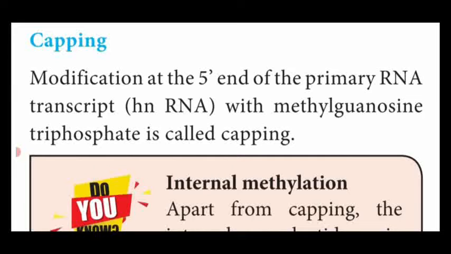That means the 5' region showing some modification in the primary RNA transcript or heterogeneous nuclear RNA, with the help of methylguanosine triphosphate, is known as capping.